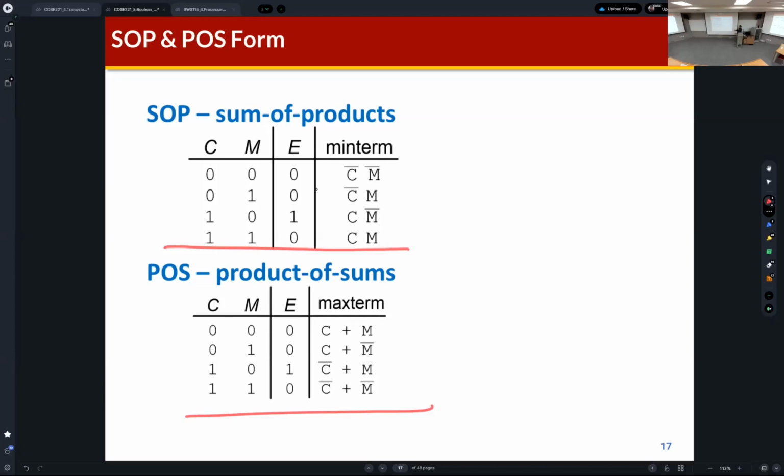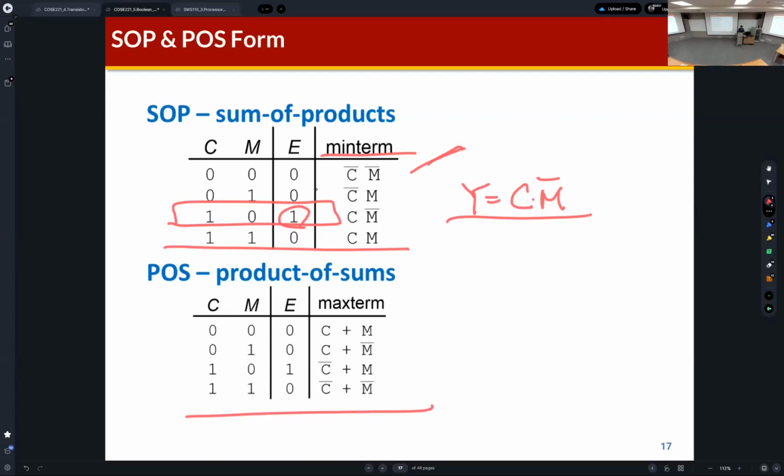In order to generate the SOP form, we need to focus on the output 1, which means we need to use the min terms that make y equal 1. There is only one row that makes y equal 1, so y equals C and M bar. This is the Boolean equation of this truth table.